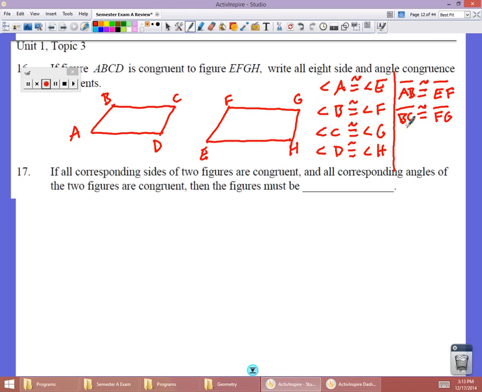Next, we have side CD is congruent to side GH. And finally, we have side DA congruent to side HE.